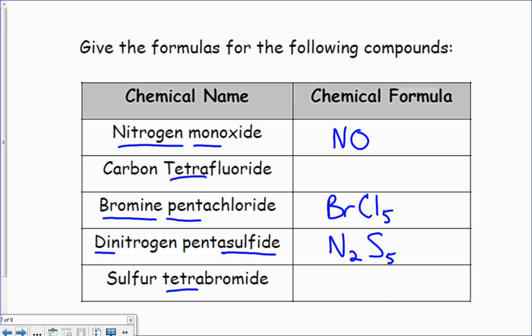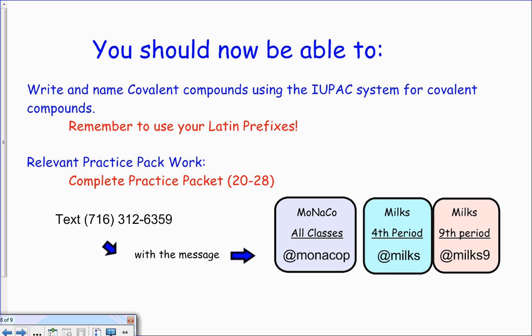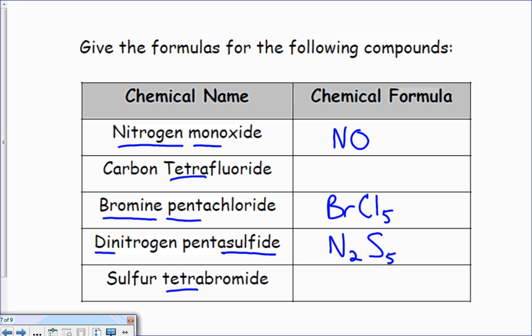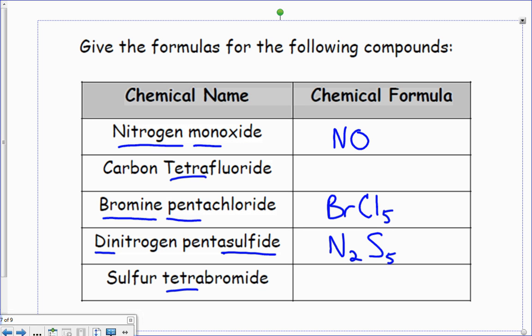The other big trick that you're going to have is when I start, like in the practice, looking at these names, these names came up on the covalent notes. And before the ionic notes, we did all ionic compounds. The thing that you're going to need to be able to do is now look at this name real fast and see carbon tetrafluoride.